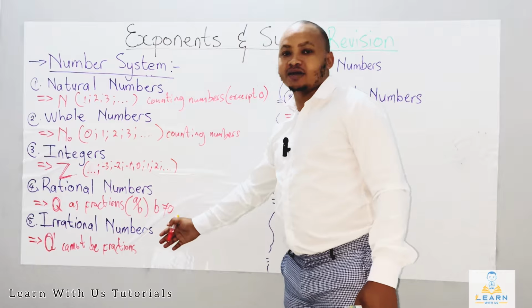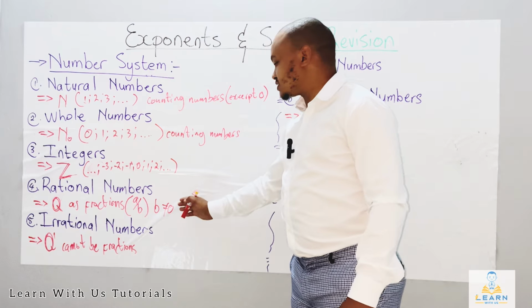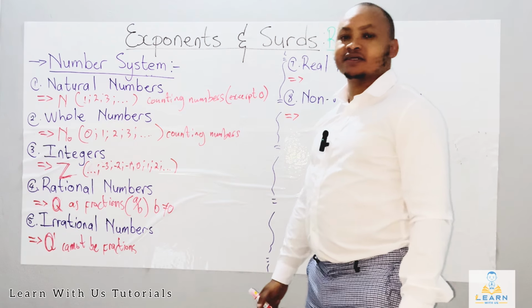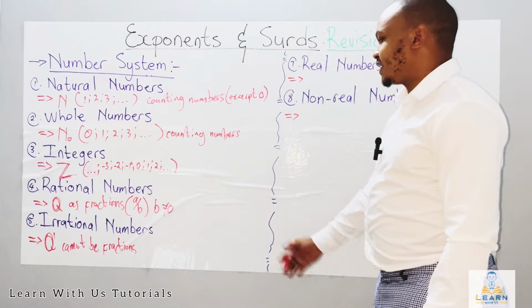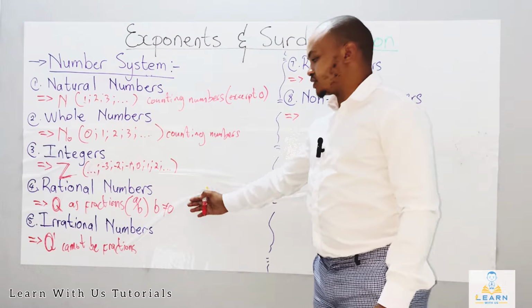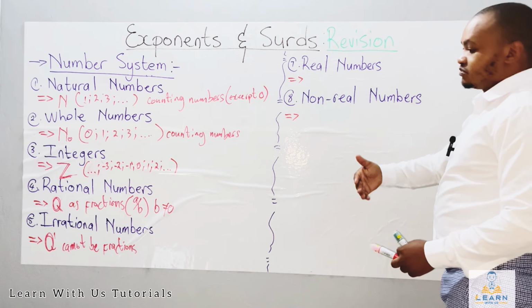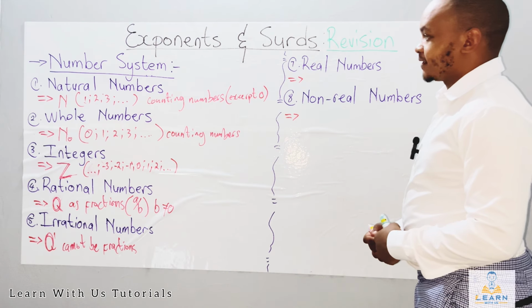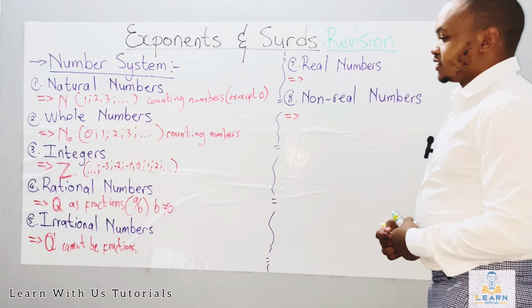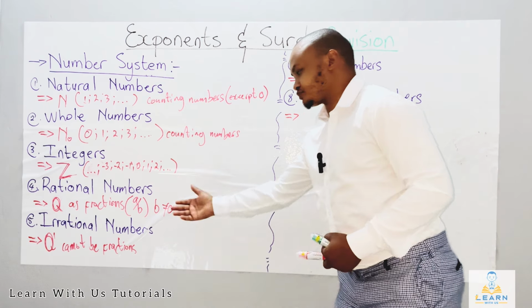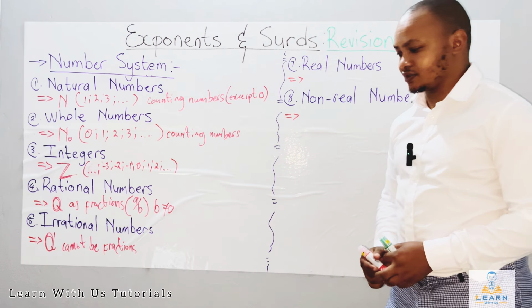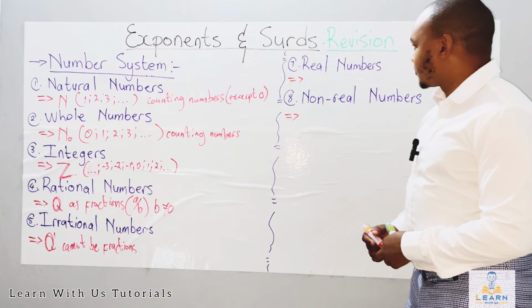They do not terminate. These ones, they recur and they do terminate. All right, I hope it makes sense. These include decimals, both, except irrational numbers do not include, of course, fractions. Okay, let's move a bit further now.